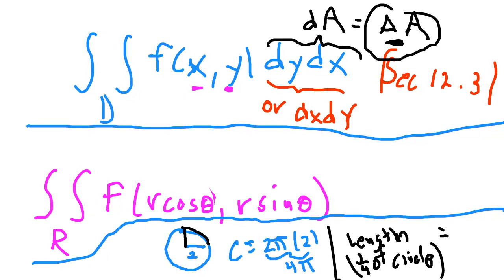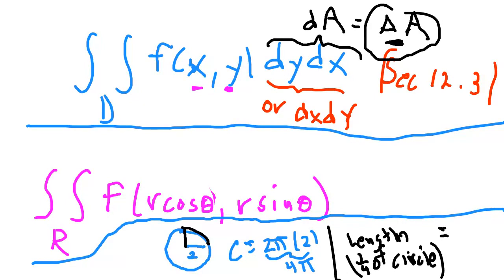What's the length for 1/4 of the circle going to equal? If the circumference of the whole circle is 4 pi, for 1/4 of the circle, what would the length be? That's right, Norina, it would be pi.